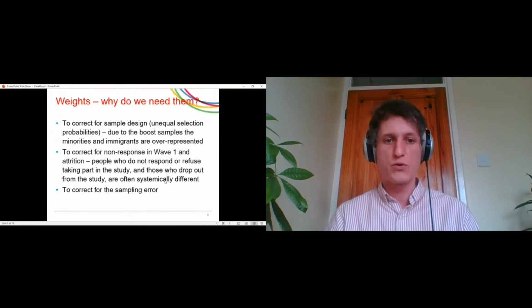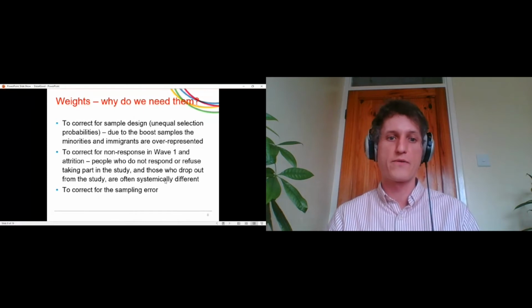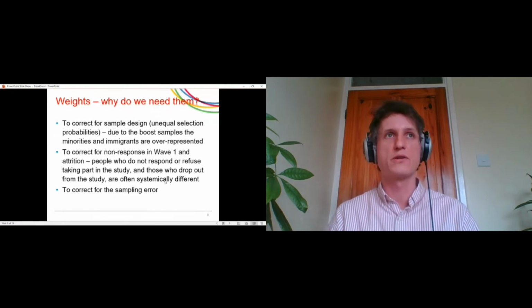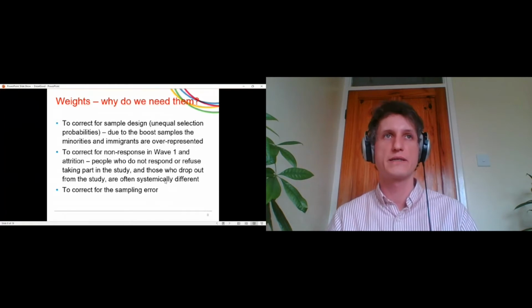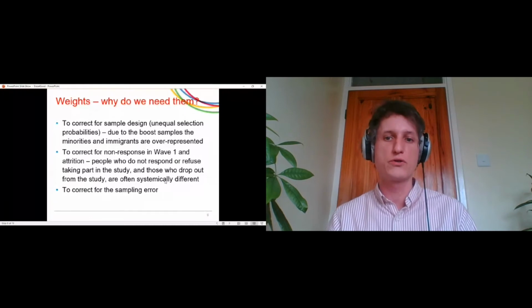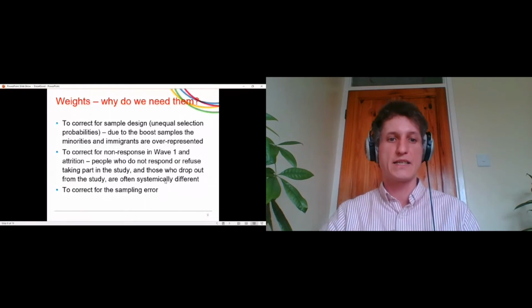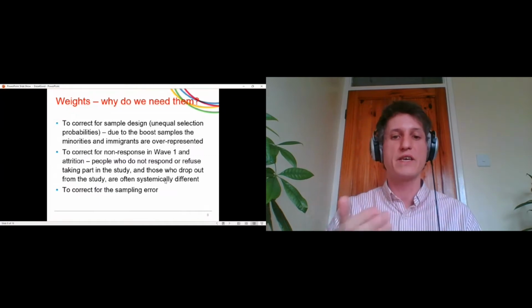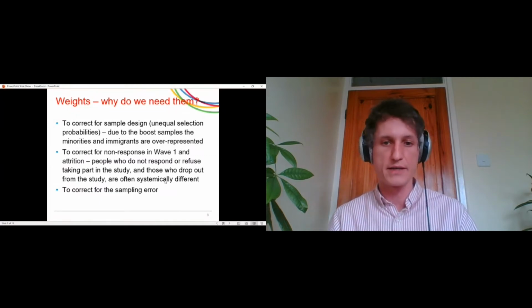Secondly, you need to weight to correct for non-response. So basically, households and people who refuse to take part in the study in wave 1, and also you need to account for the attrition in the sample. So basically, people who drop out from the study, even though they took part in wave 1.